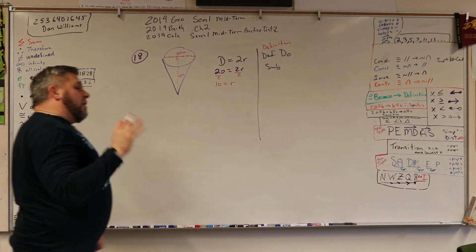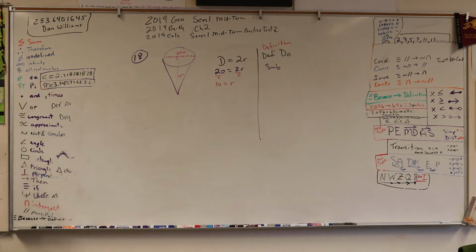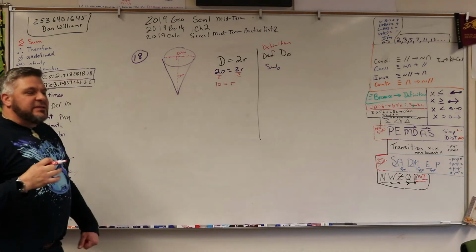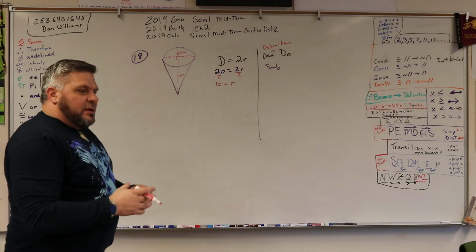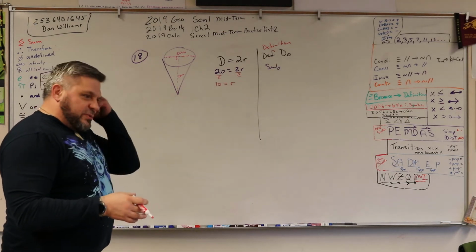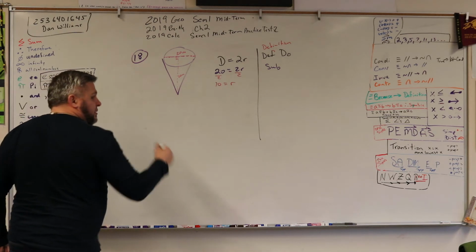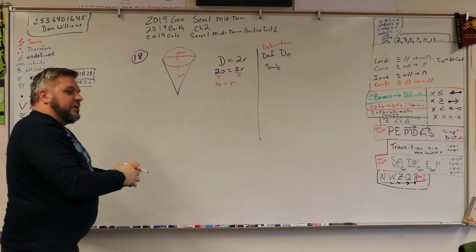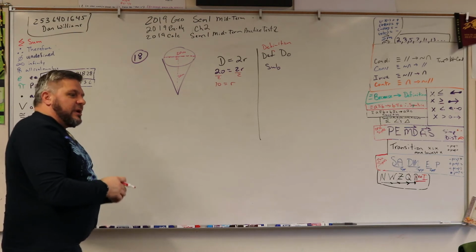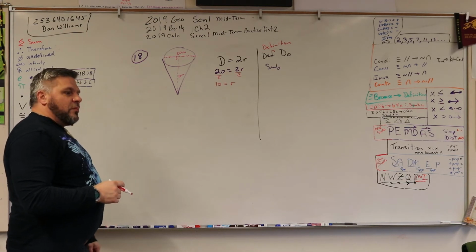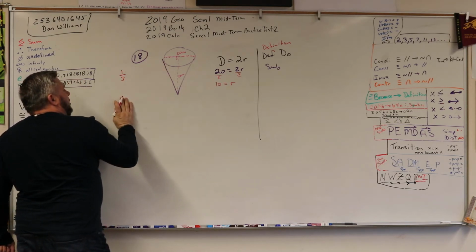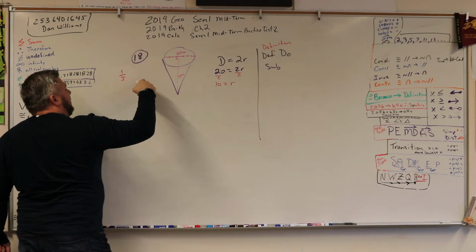And once I know what r is, then I can talk about the base area of the pyramid. In this case, because the pyramid has a circle base, we call it a cone. So this is a cylinder, and we've taken 1/3 of that cylinder. 1/3 of the cylinder is the cone or the pyramid.